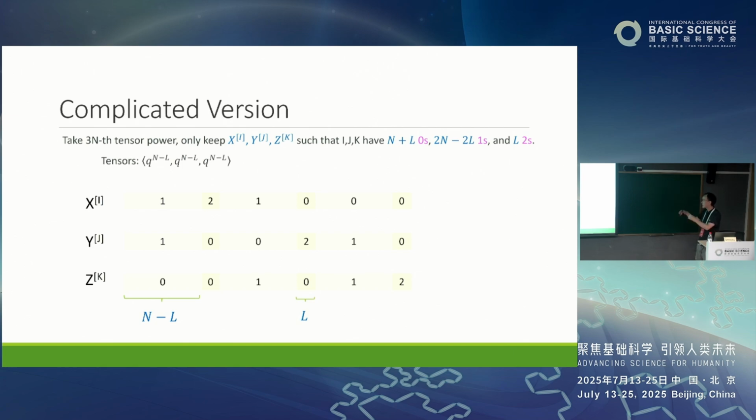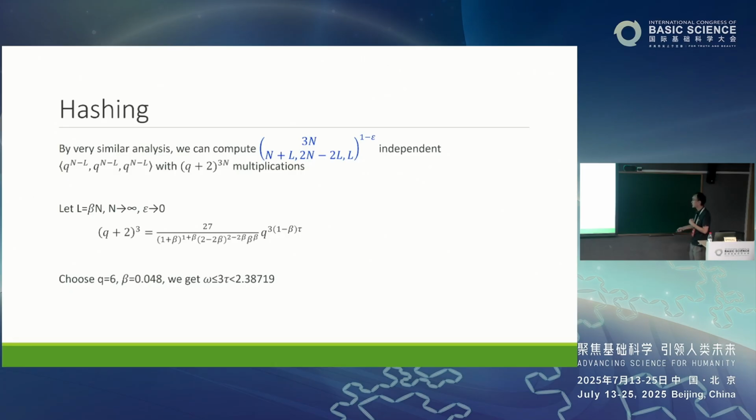We can design the blocks like this. Then the number of blocks is this, and we compute it. We can reduce omega to 2.387.